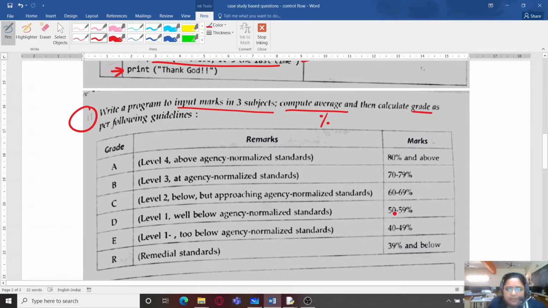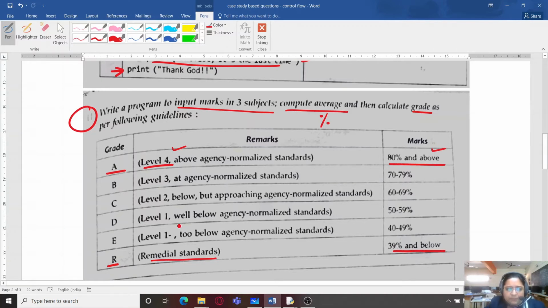And this is the criteria which has been provided, that is grade A, remarks are there and marks are there, that is 80% and above students will be getting grade A and level 4 remarks. Then so and so for the other grades, and finally at the end we have the grade R, which is for remedial standards 39% and below.